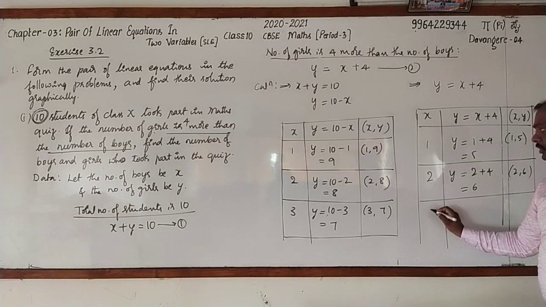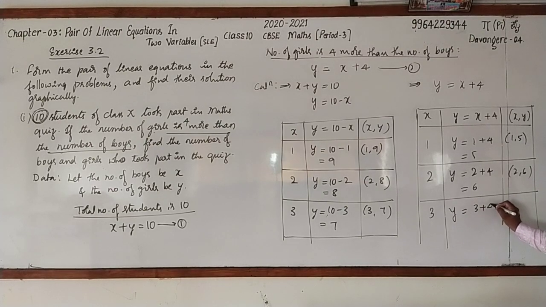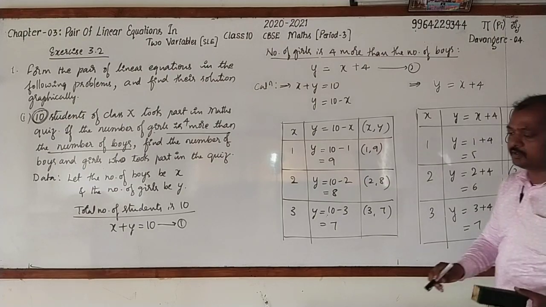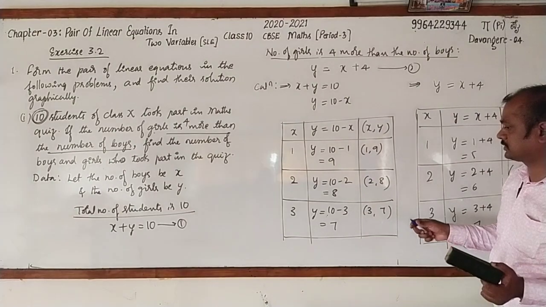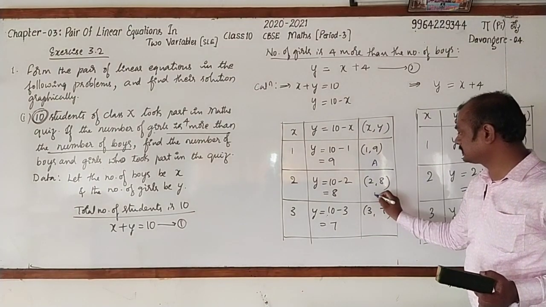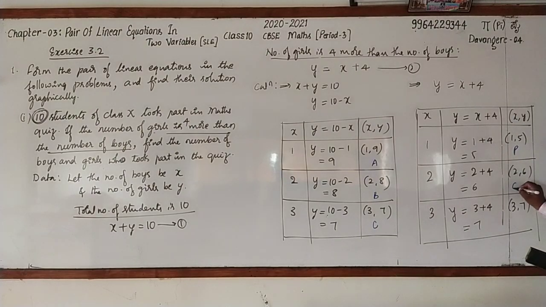Then when x is 3, y is equal to 3 plus 4, which is 7. It is equal to 3 comma 7. And let us go for naming these coordinate points. As first, it is A, this is B, and this is C. And here P, Q, and R.